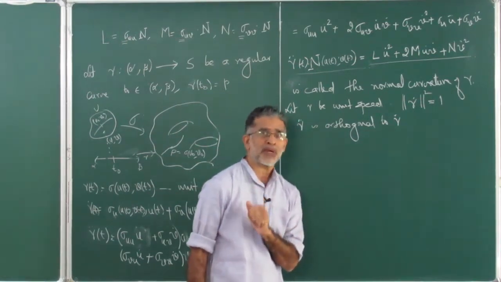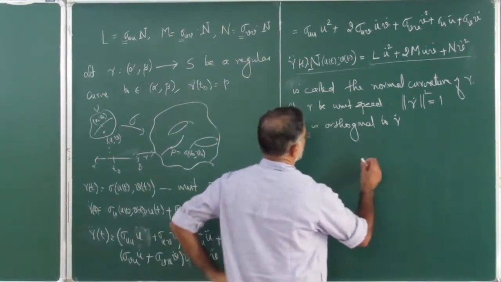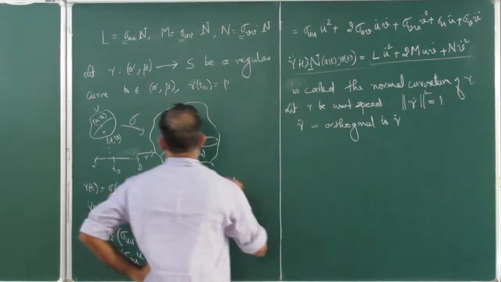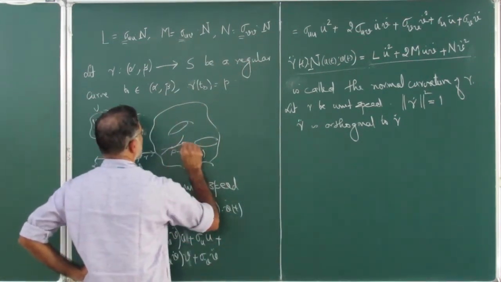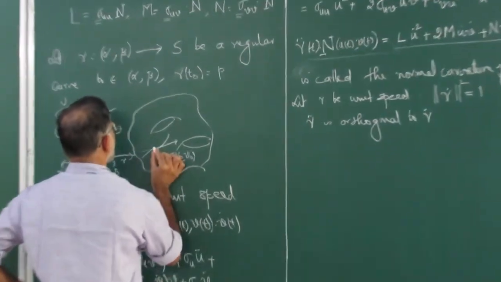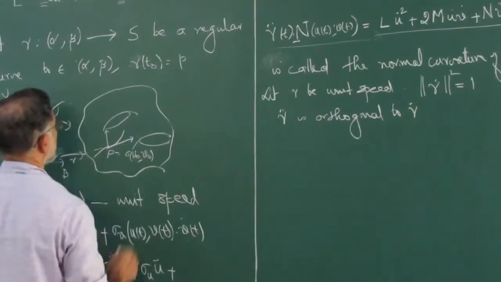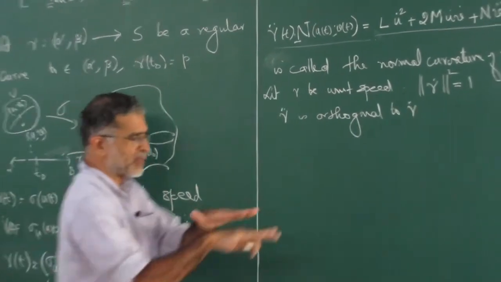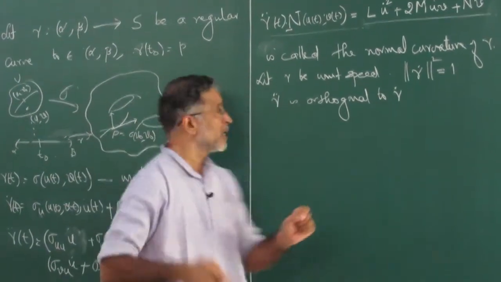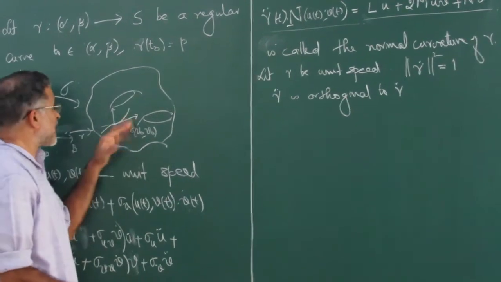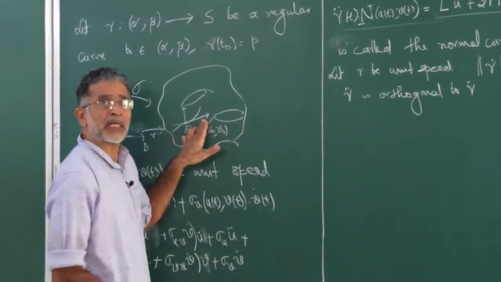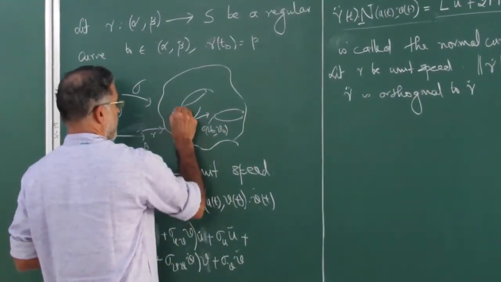But what are the vectors orthogonal? Let's look at this tangent. You have this tangent vector here, you have this normal vector. So now you have the tangent plane here, and this gamma dot is an element of the plane. So obviously, it is orthogonal to the normal.